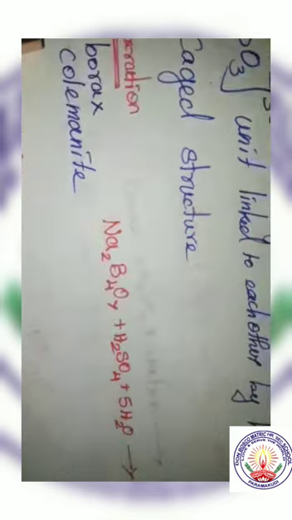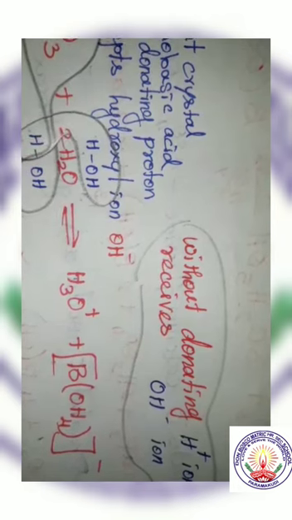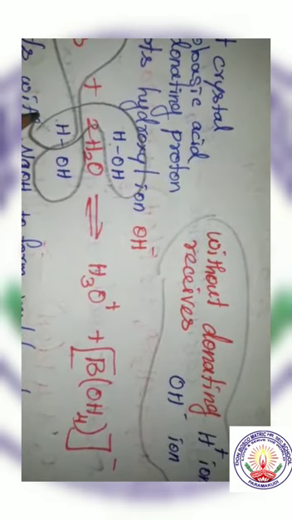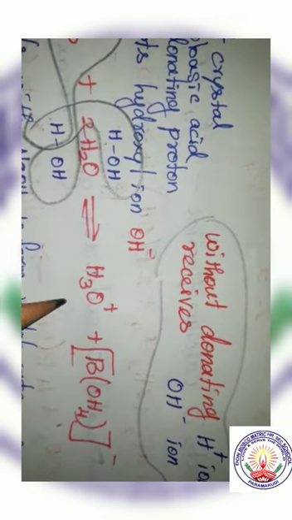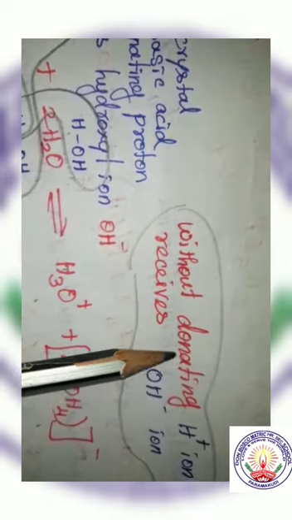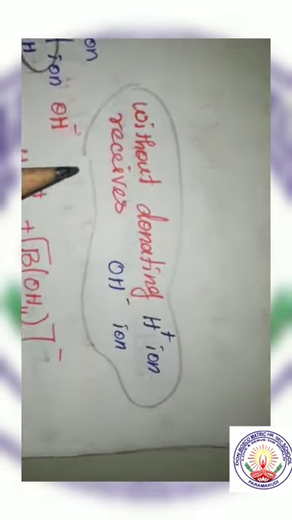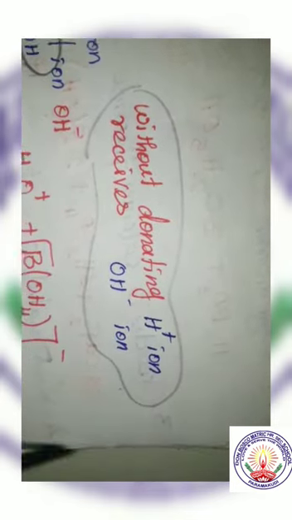So what happens here? The remaining 1 hydrogen, 2 hydrogen, 3 hydrogen, so these 3 hydrogen and O becomes hydronium ion. So that's what we see. Without donating H plus ion, it receives OH ions.